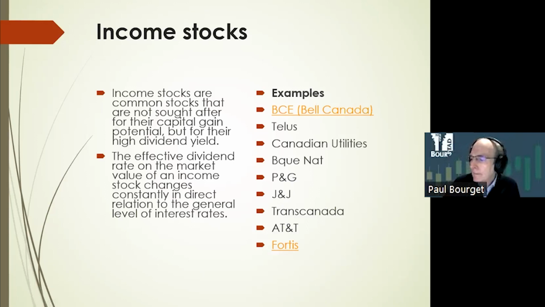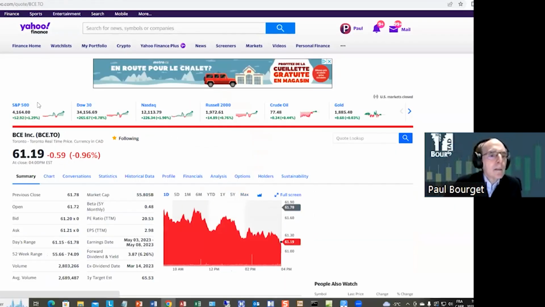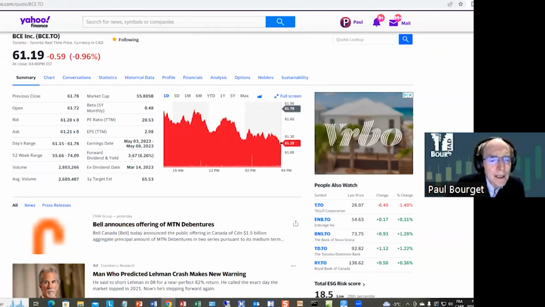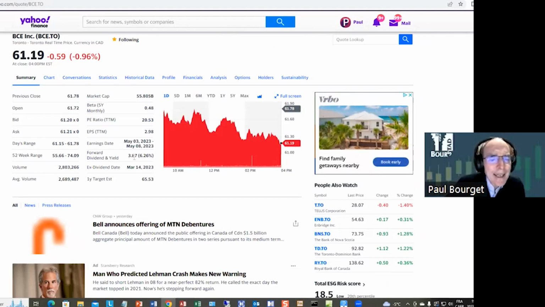If we give a look at BCE, for example, we can observe here that the dividend is currently 3.87 per share. That represents 6.3% annually. A word of caution, however, the most recent number for earnings per share annually, trailing 12 months, is 2.98.